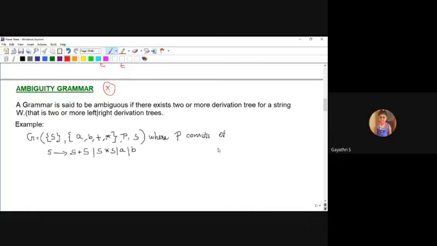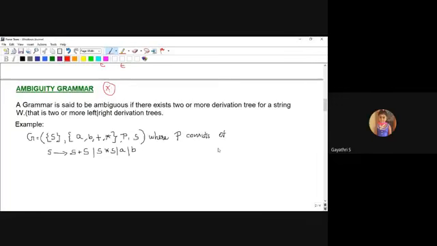That part comes in the next semester in compiler design. For this TOC, it is enough to know about ambiguity grammar. Ambiguity means if we are able to draw more than one leftmost or more than one rightmost derivation tree for a particular string, then that grammar's production rules are ambiguous.